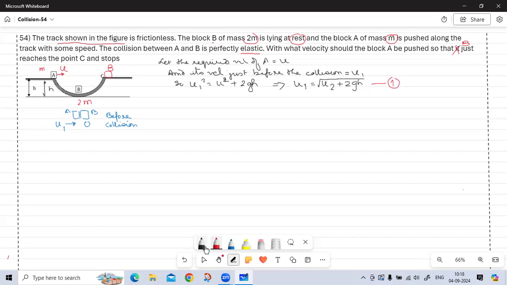Then let us say the velocity of B just after collision.